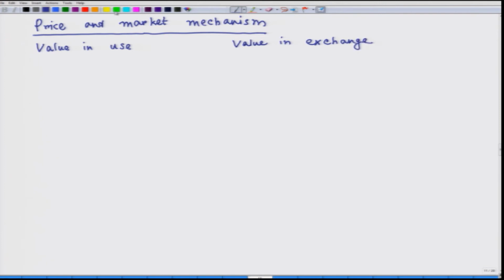So, the distinction is as follows: the value in use is basically the utility or satisfaction derived from the consumption of the commodity.